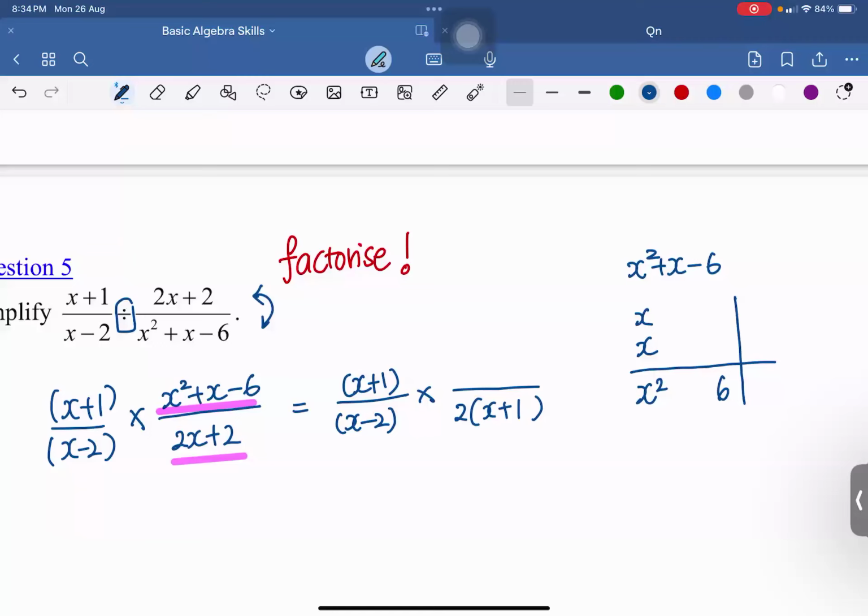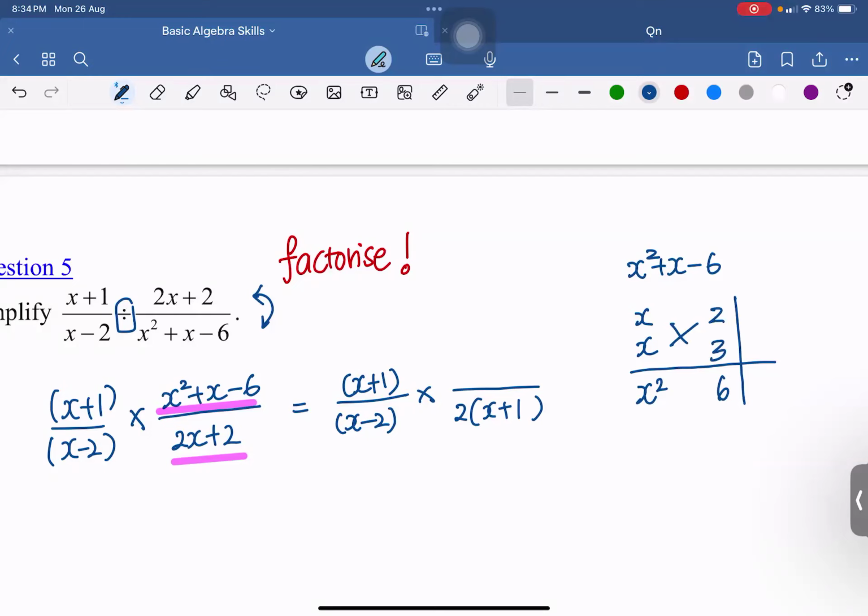What times what gives you 6? 1 times 6. Okay, 1 times 6, this is x, this is 6x. Can I get a plus x over here? No. Then we try another factor. What other factors, what times what can give you 6? 2 and 3.